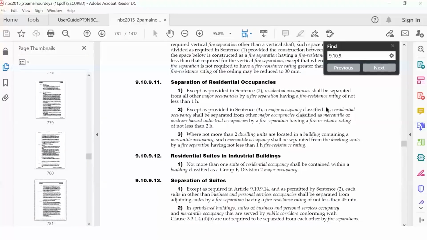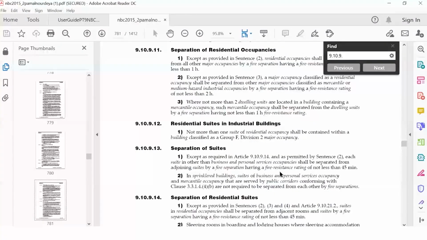A major occupancy classified as a residential occupancy shall be separated from other major occupancies classified as medium hazard industrial occupancies by a fire separation having not less than 2 hours. Where not more than 2 dwelling units are located in a building containing a mercantile occupancy, such mercantile occupancy shall be separated from a dwelling unit by a fire separation having not less than a 1 hour fire resistance rating.